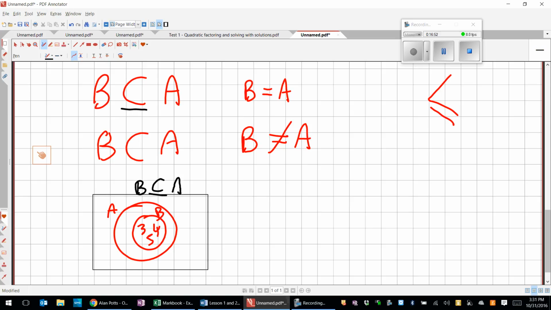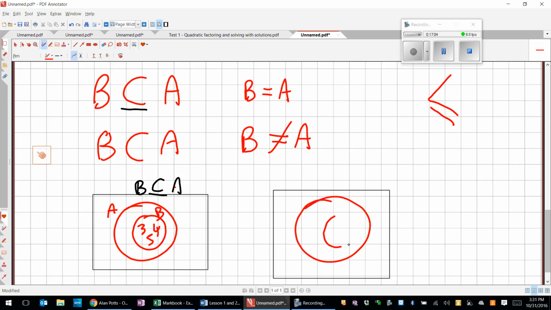Okay? If we have the subset again, but this time we have A and B, and we have 3, 4, 5, but then 6, 7. This one is where B is a subset of A, but it's not equal. Okay? Cool.